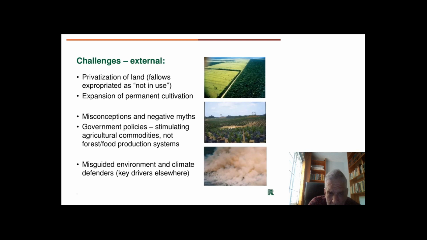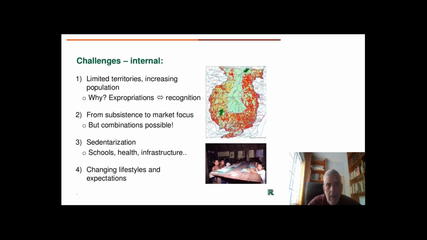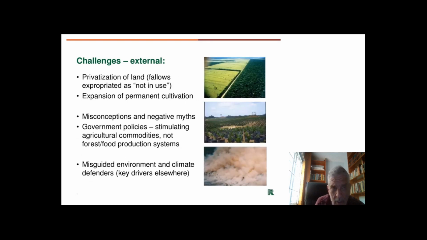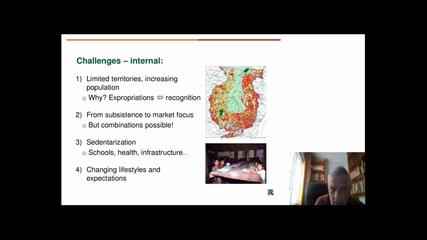And then we have misguided environmental and climate defenders. Some people worried about climate change think these shifting cultivators are harming it. But as this says, the key drivers are elsewhere. So that was for external challenges.